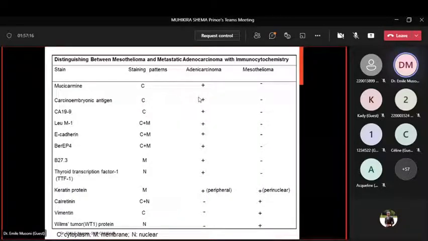Also the difference between mesothelioma and metastatic adenocarcinoma. For this one, they have found some malignant cells in the peritoneal fluid. But as I've said, at your level now, I don't ask you this one. It is just to communicate that with that fluid, we can do several things.